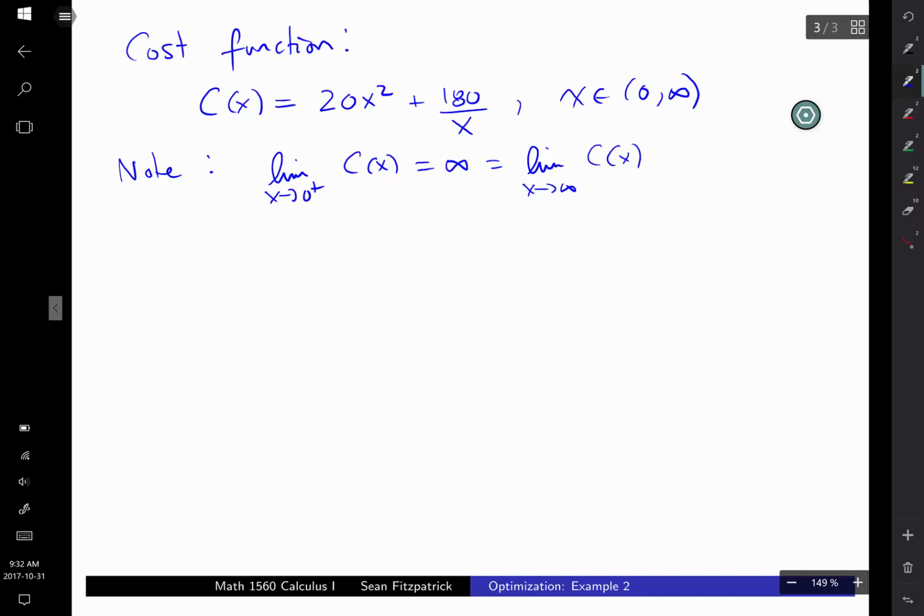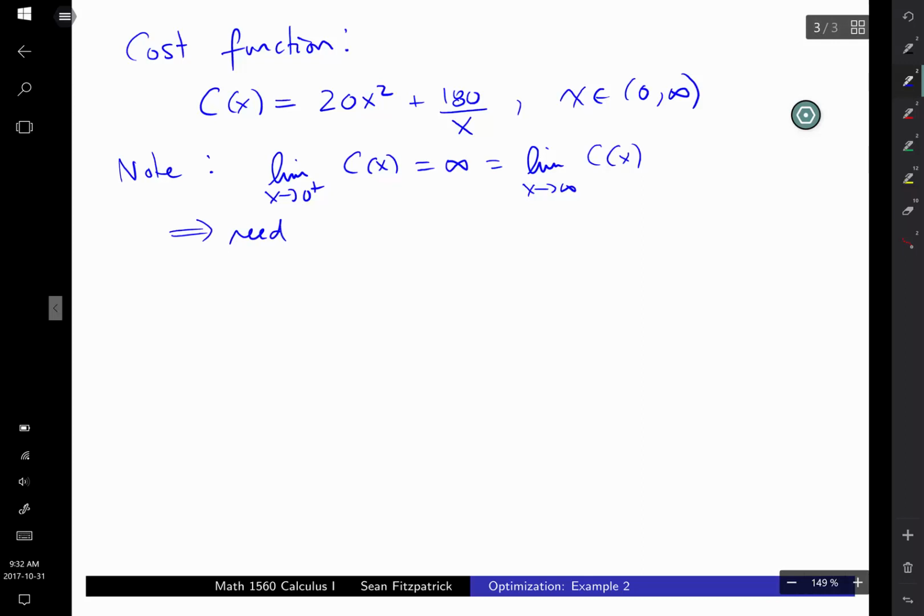Okay? So choosing x near either end of our domain is going to make the cost really big. We want to minimize the cost, so we're looking for a critical number somewhere in the middle.